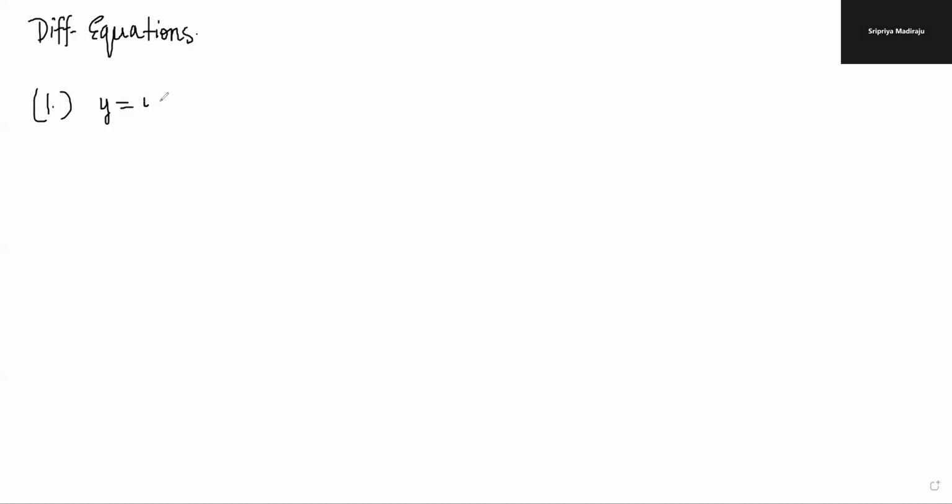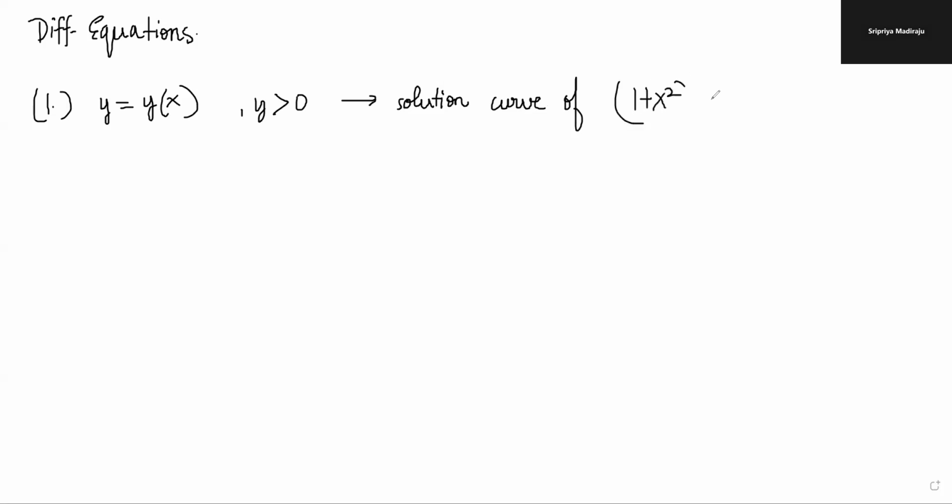You have y equal to y of x, a function where y is greater than 0. This is a solution curve of the differential equation (1 plus x square) dy is equal to y times (x minus y) dx.